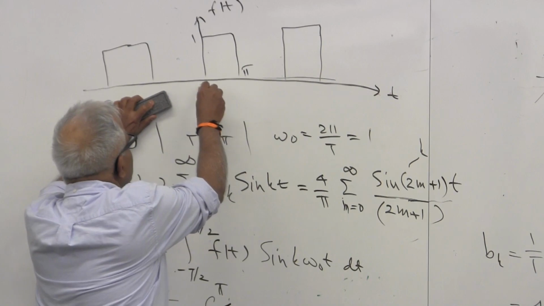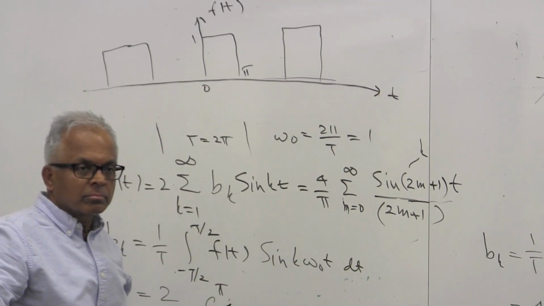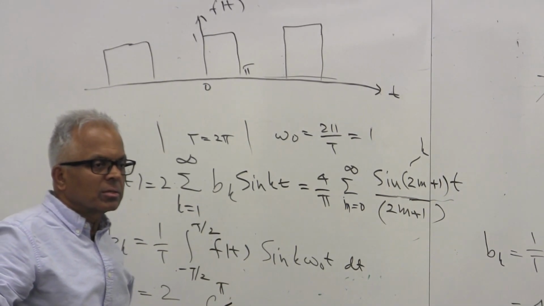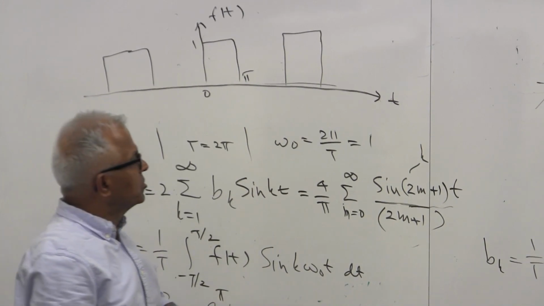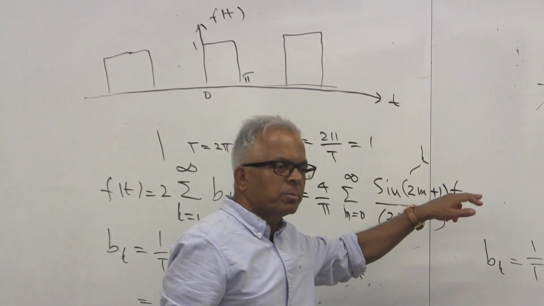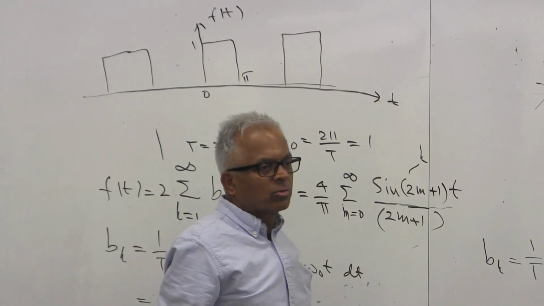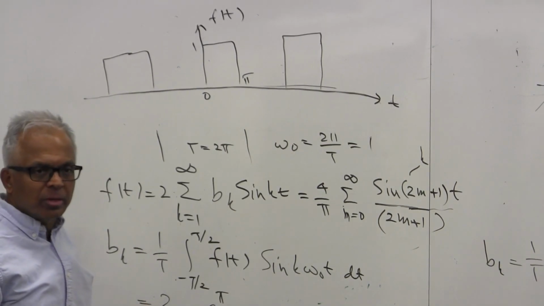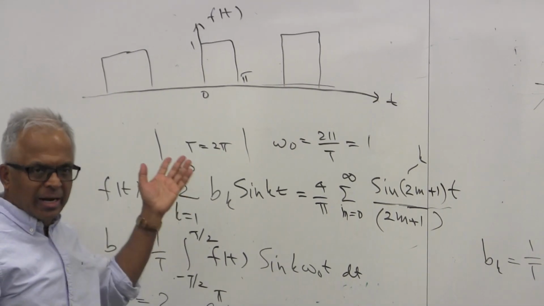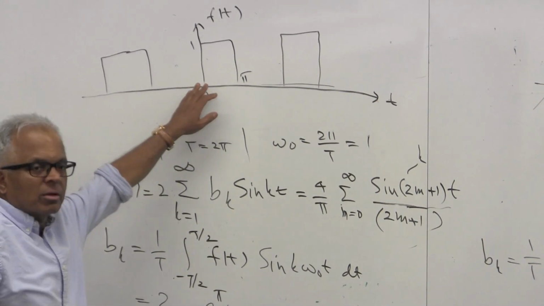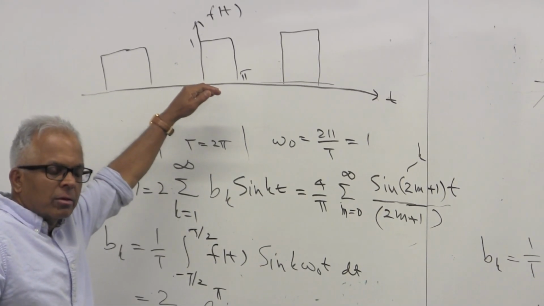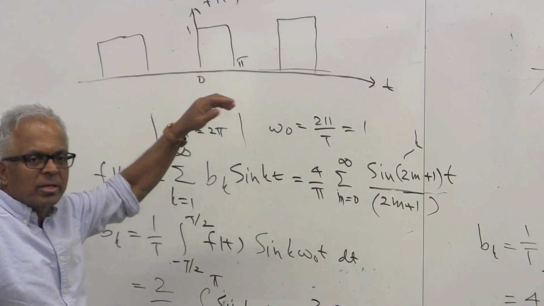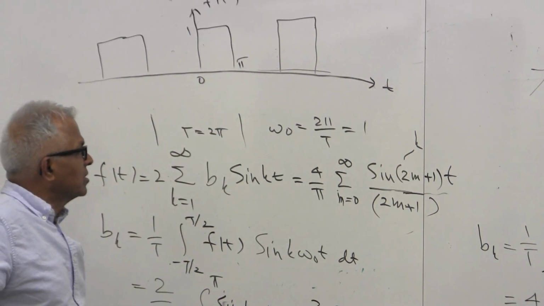I mean, if this is the origin, that's a different issue. So then you have to be careful, then you shift. The issue is when you shift it, this also will become t plus T by 2. Essentially, you will end up with cosine and sine terms. And so in general, yes, you can have. So here clearly you can see there is both cosine and sine terms. So you need to find out a naught, ak and bk. So in fact, you can try this example, right?